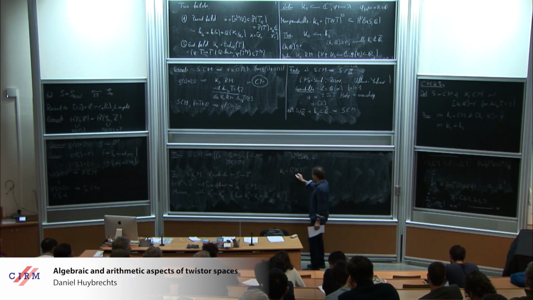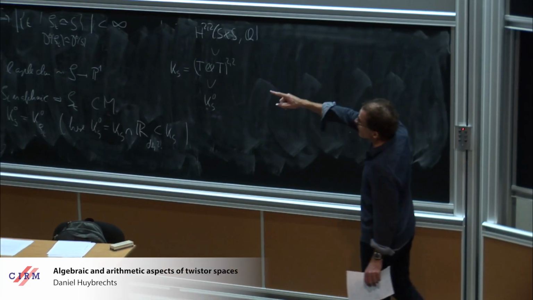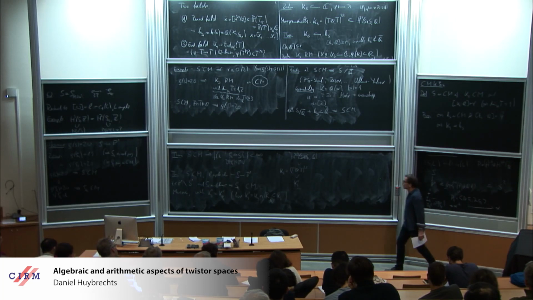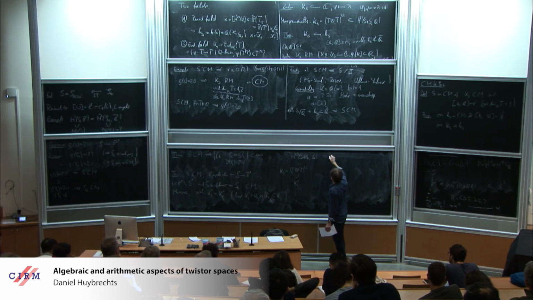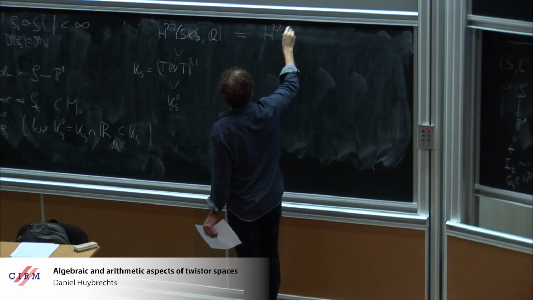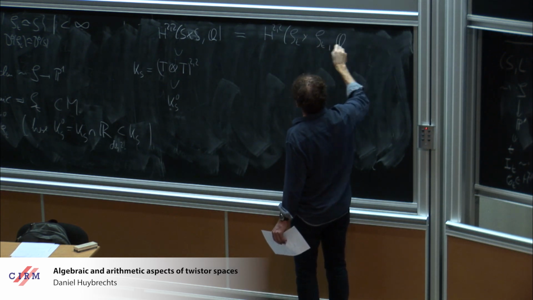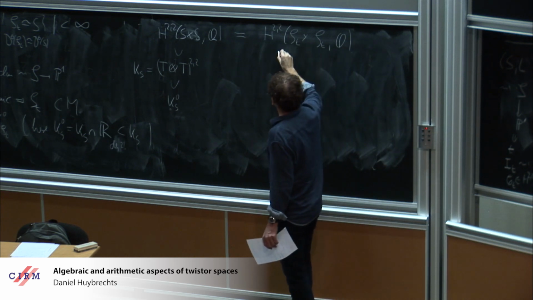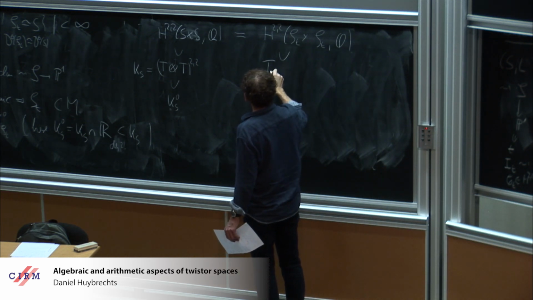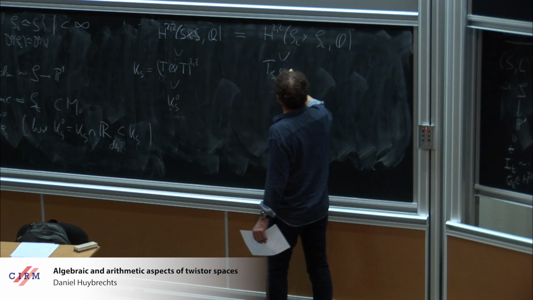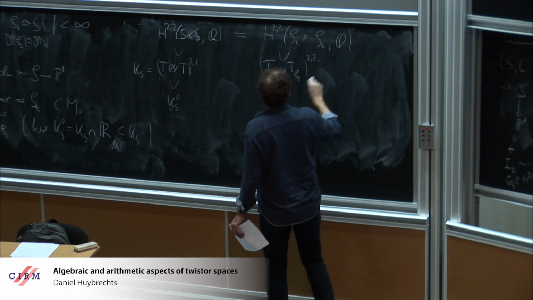And then there's the totally real field here. So in the Picard rank 20 case, that will be just Q. And of course, I can identify the cohomology of S times S with the cohomology of S_T times S_T. You have the same thing. So here now there's the transcendental lattice of the fiber.